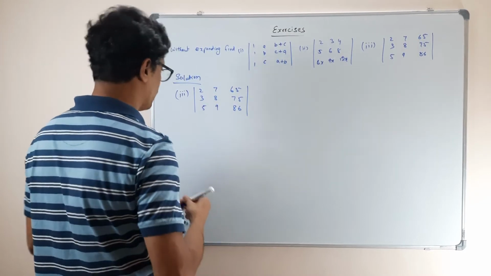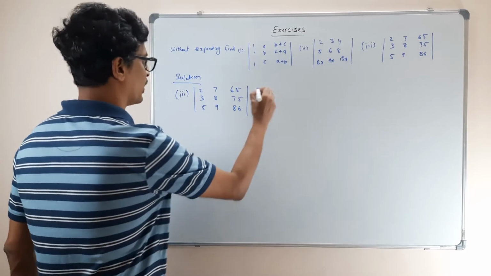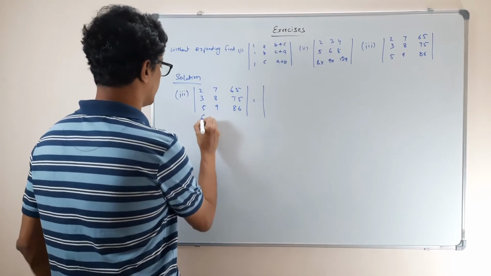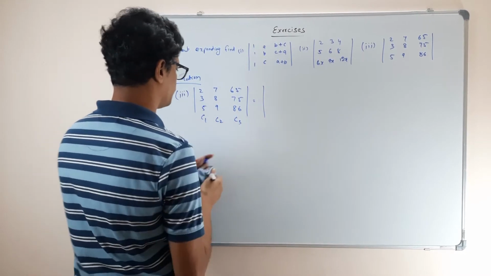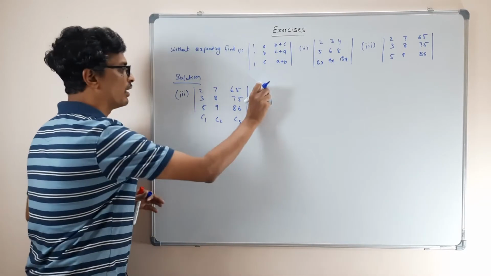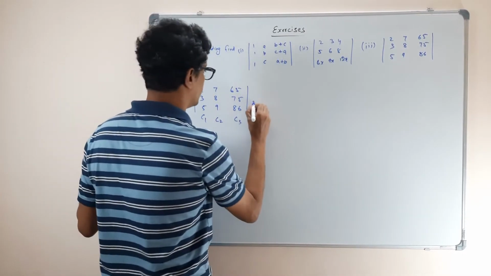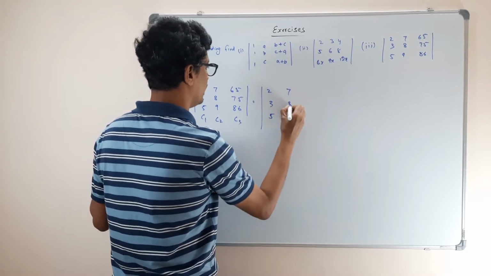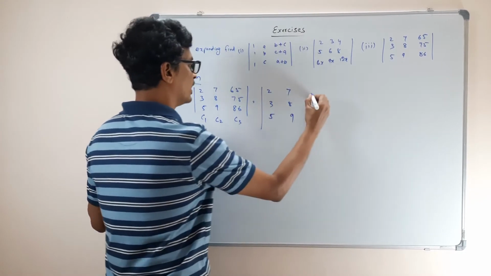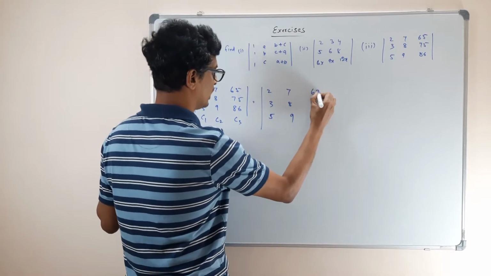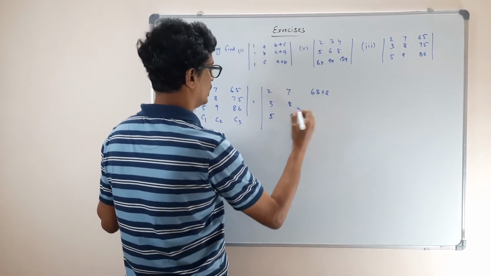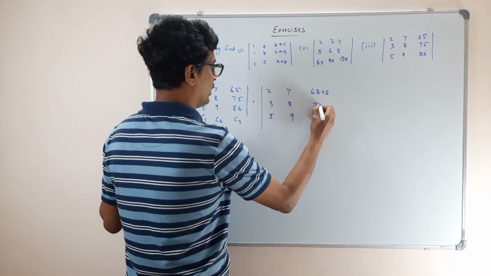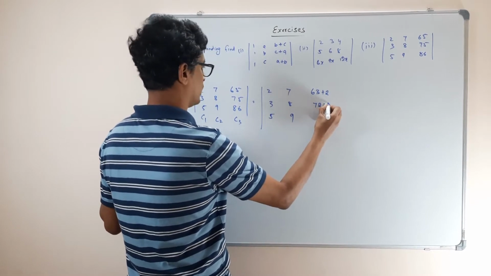Okay, so what we will do: this is C1, C2, C3. We will write C3 as 2, 3, 5, 7, 8, 9. This I will write as 63 plus 2, 75; 72 plus 3, correct?